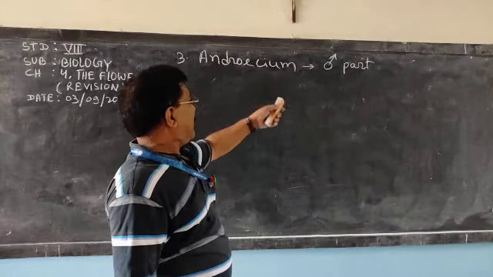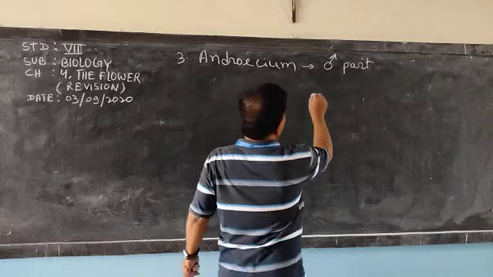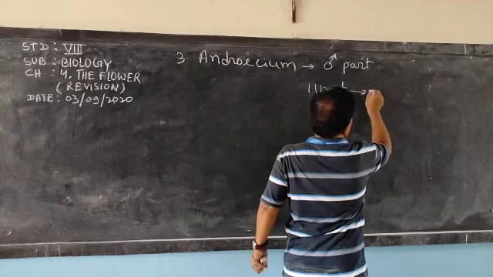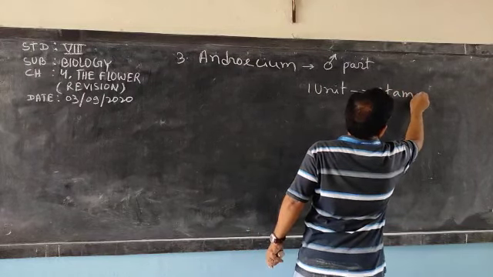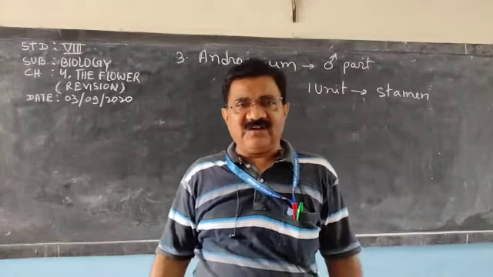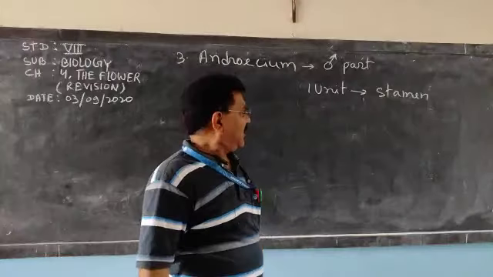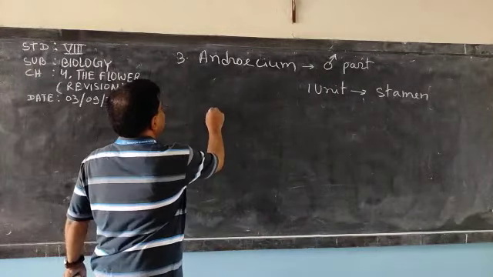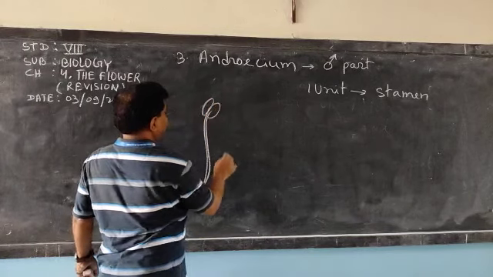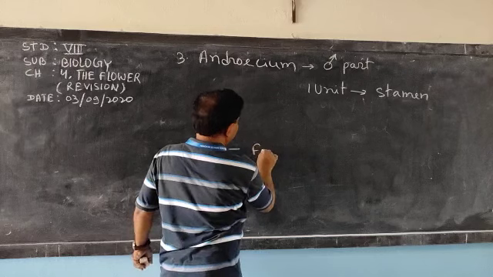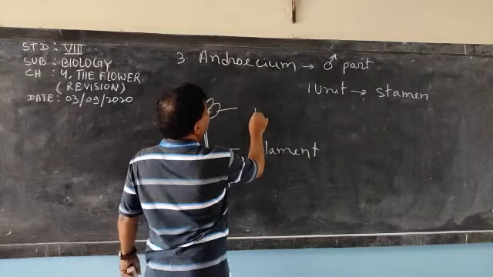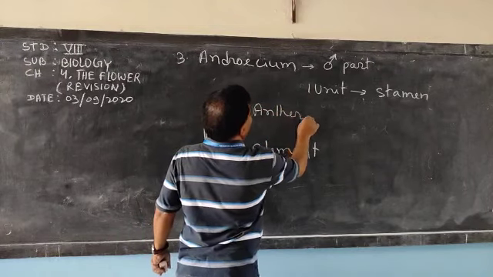So it is the male part, and one unit is called stamen. Very clear? One unit of the androecium is called stamen. If you see, one unit is like this. This part is the filament, and this part is the anther.